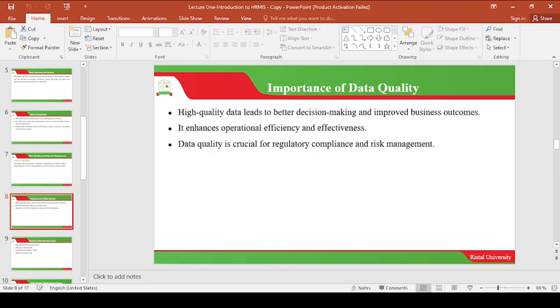The next importance of having data quality is that it enhances operational efficiency and effectiveness. Take operational efficiency, for example, if you work in a production sector. It is your skills in managing the raw materials.